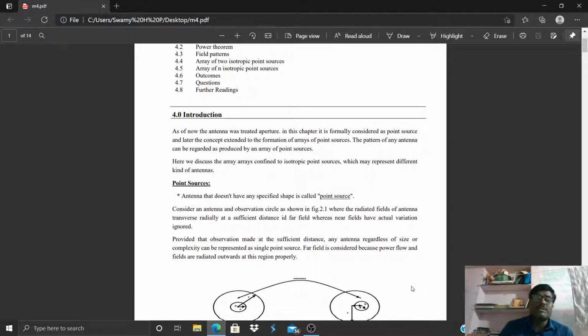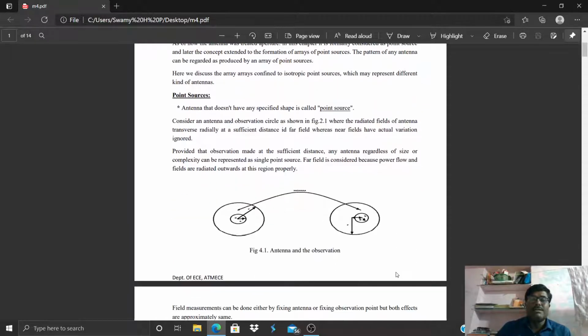Now I am going to consider the antenna. By observation, it looks like a circle in the following figure. See here, inside this circle A and B is the antenna region. The area outside it represents the near field zone.